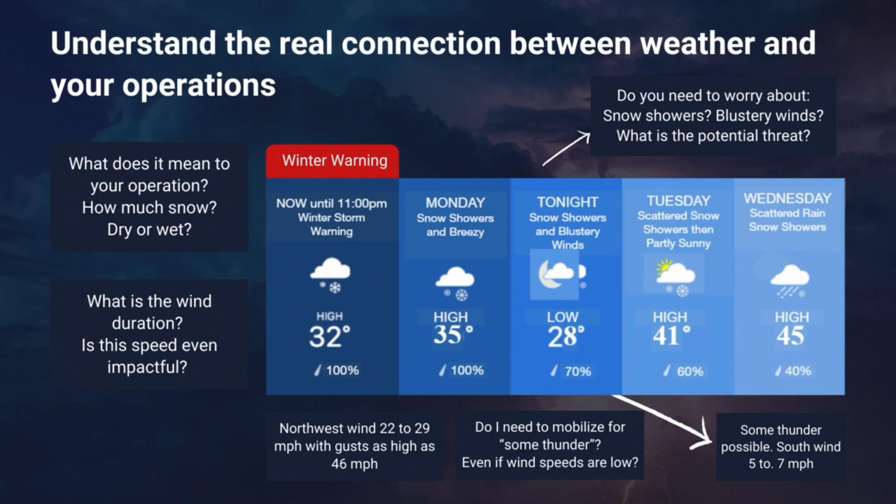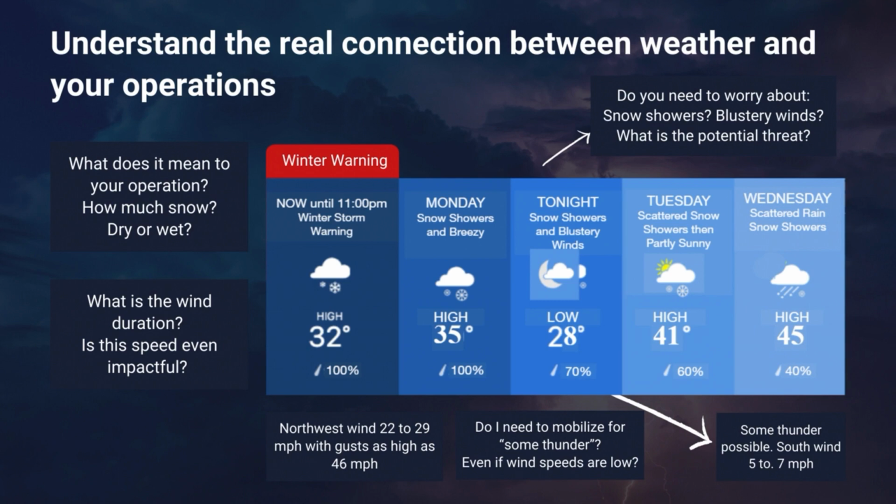But if you're running an electric utility or a food transportation logistics group, understanding the real impact of what that weather means to your operation is crucial. So you're looking at the 5-day forecast, and you see now there's a winter warning, 32 degrees, 100% chance of precipitation. But what does that mean to me?